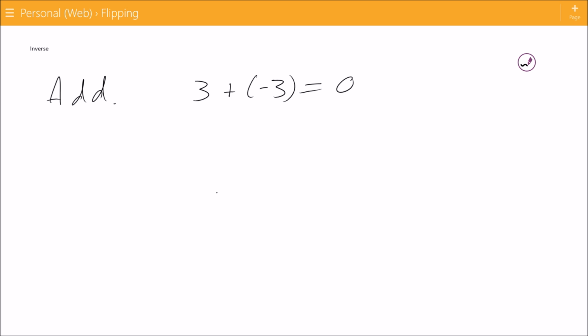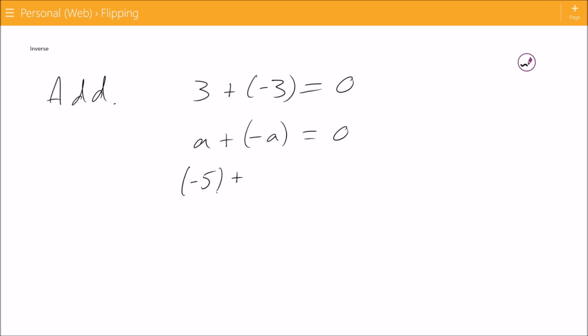If I have any number a, and I add negative a, that will also give me 0. And it even works, it's interesting, if we have a negative number in here. So, not to get too crazy here, but let's say for a that we want to use negative 5. Okay?